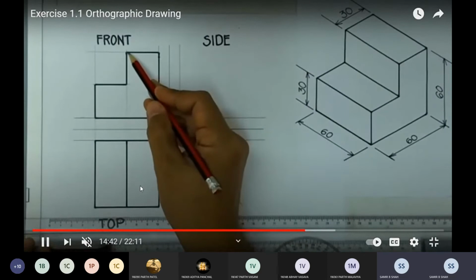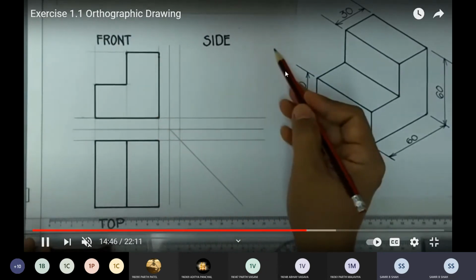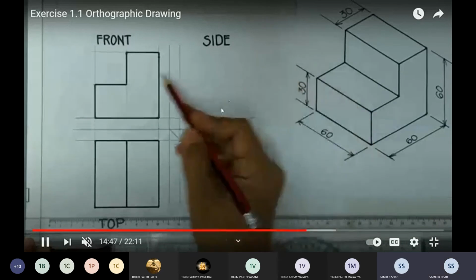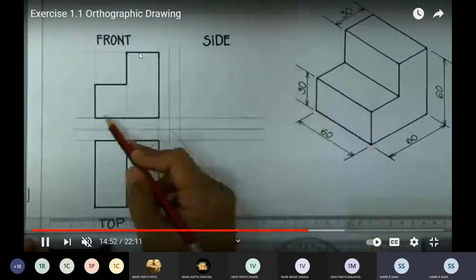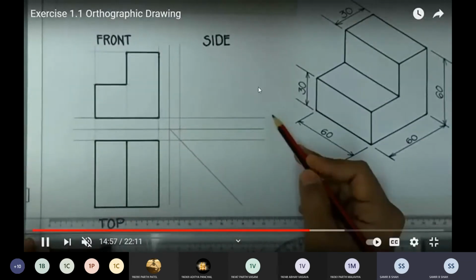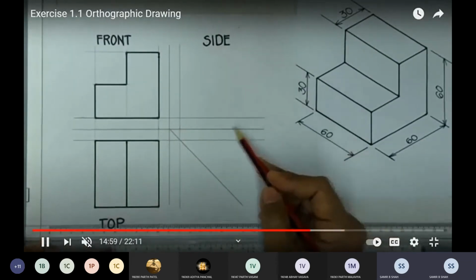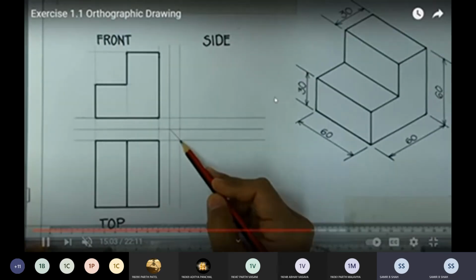Projection के लिए, in the same way we keep the end points of the top view, and extend both up to the front view. Parallelly, we also take the projection from the front view. So it's very easy for us to draw the orthographic projection.